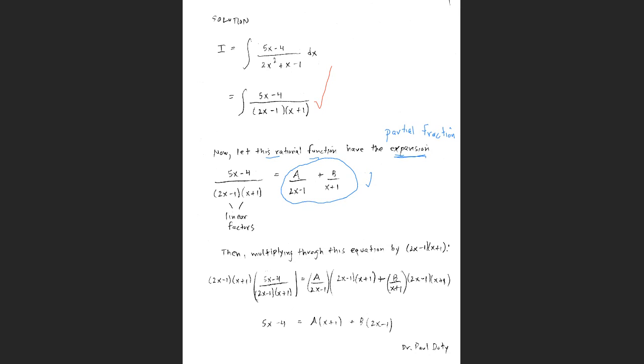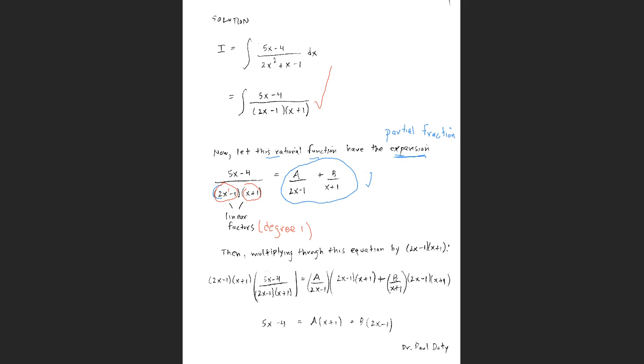Okay, so in this rational function of 5x minus 4 over the denominator there, we factored the denominator as 2x minus 1 times x plus 1. And those are what are called linear factors, because they're polynomials of the first degree. They have degree 1.